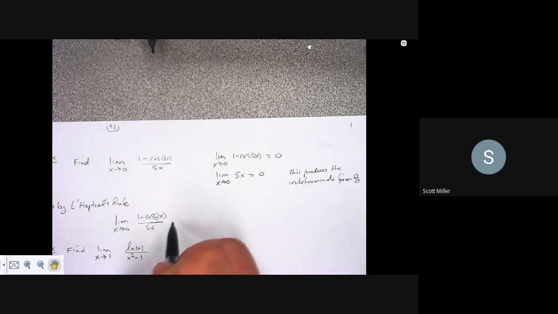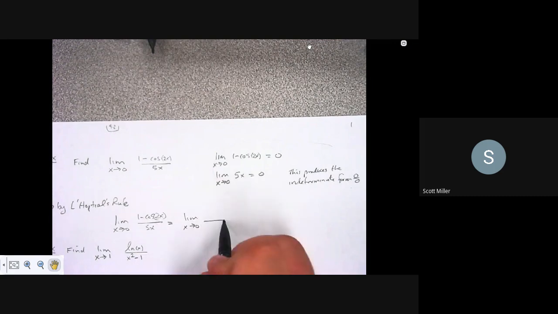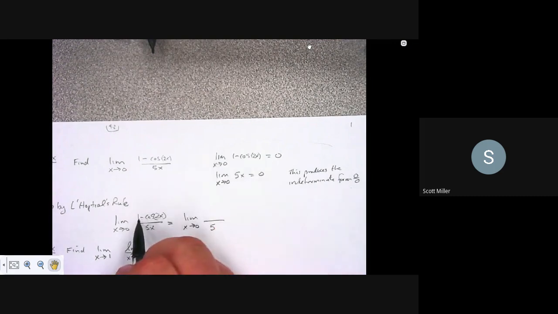I can do this. The limit as x approaches 0 of the original function over 5x is equal to the limit as x approaches 0 of the derivative of the top over the derivative of the bottom.